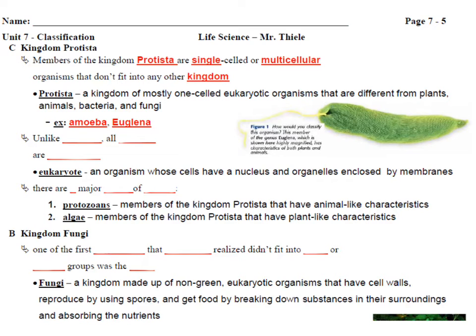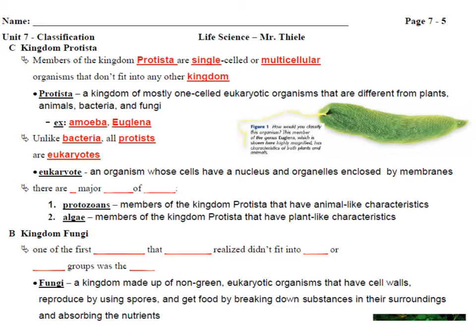These are single-celled protists, the kinds of things that you find living in ponds. They're microscopic in size. And over here on the right, you have a really nice picture of a euglena, which is actually an interesting protist because it has some characteristics of plants and some characteristics of animals.